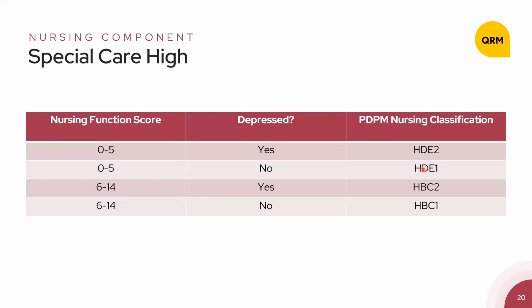And the DE tells me it's a function score of 0 to 5. And now you have a 2 and a 1. And this tells me the 2 that the resident had a PHQ 2 through 9 or PHQ 9 OV score of 10 or above. And the 1 tells me they did not. Okay, so I'm just going to call this trigger for depression and not trigger for depression.